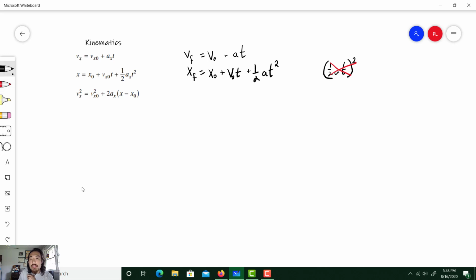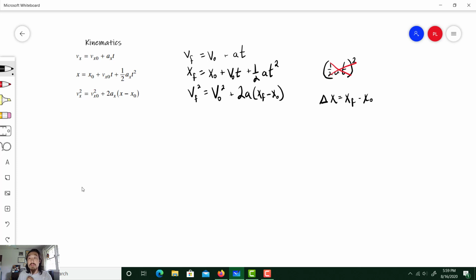All right, and this last one, this is the final velocity squared, is equal to the initial velocity squared plus 2 times the acceleration, all times this is x final minus x initial, which we also know to be the displacement equation. Okay, and these three equations, if you rearrange them, they come from the equations that we already came up with, such as delta x is equal to x final minus x initial, right?